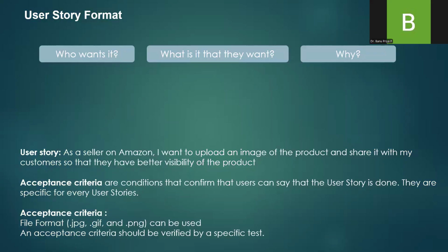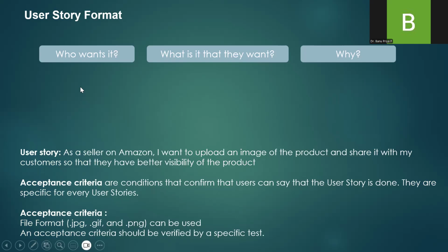So the important heartbeat of this Agile is the user story. How should you have your user story? What is a user story format? A user story should have 3 things in it. Who wants it? What is it that they want? Why do they want it? If you see, let's take a user story. As a seller on Amazon, I want to, so that.